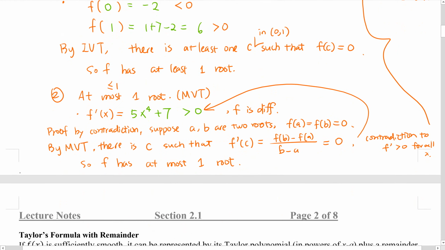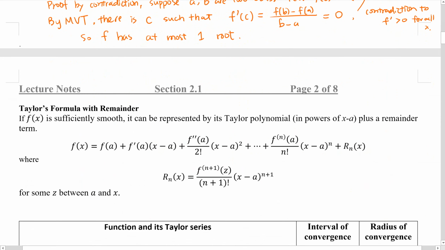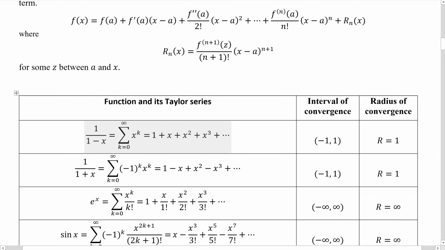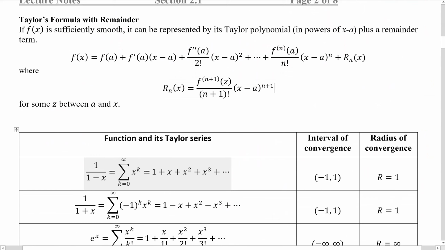Okay, so let's continue. Next, Taylor's formula with remainder. This is from Calculus 2. If f is sufficiently smooth, it means we have the derivatives.